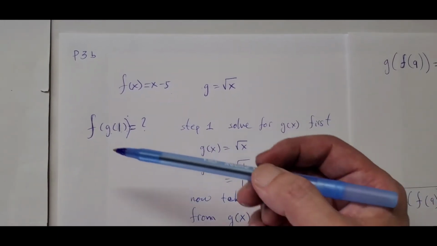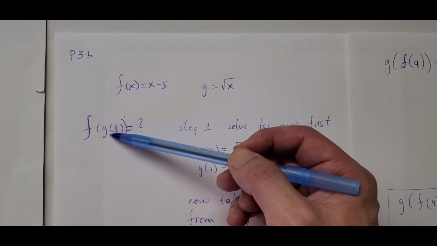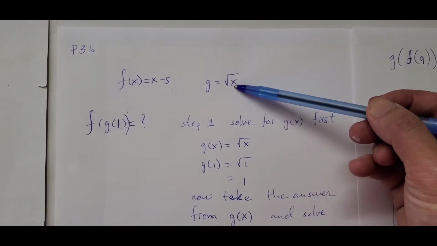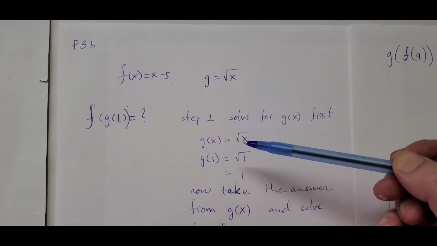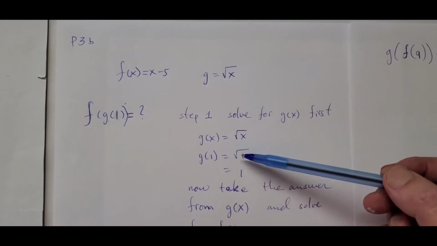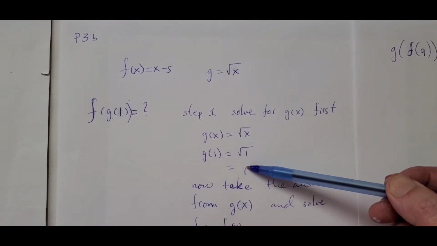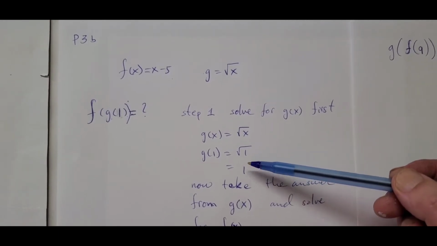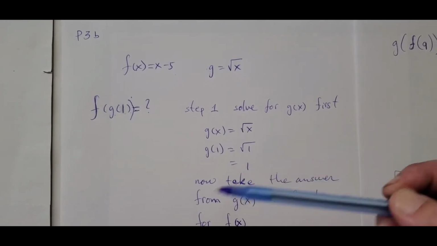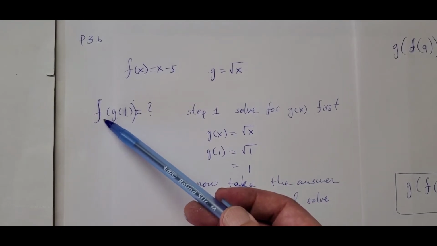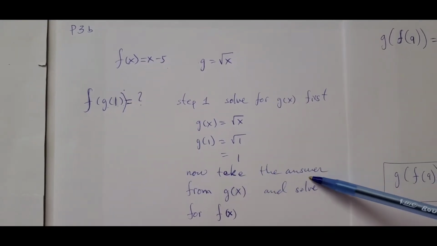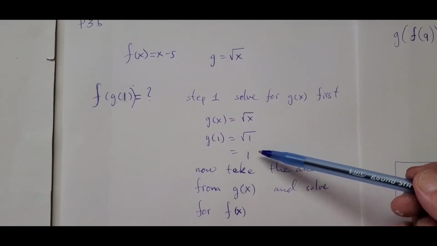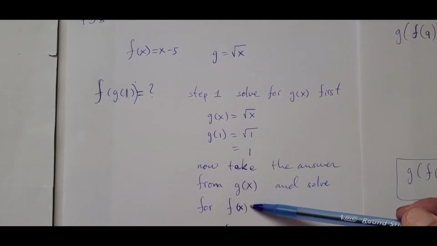So one more time, you will solve for g first. Here's g of x, rewrite it, put 1 in, square root of 1 is just 1. Now you're not done yet. This is not the final answer. You're going to take this answer and solve for f. So take the answer from g of x and solve for f of x.